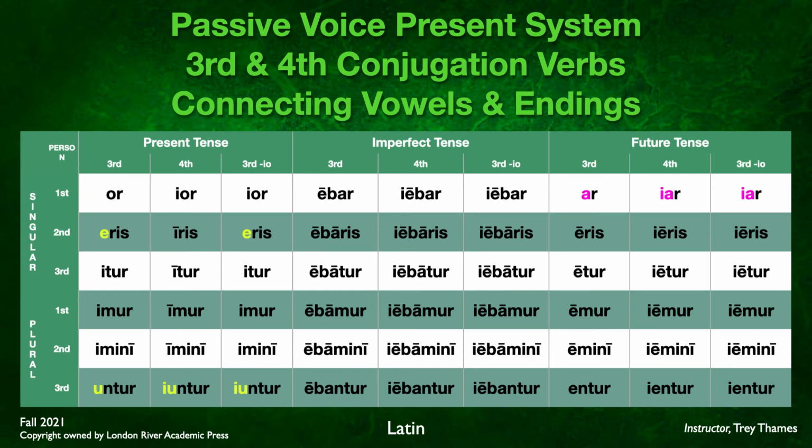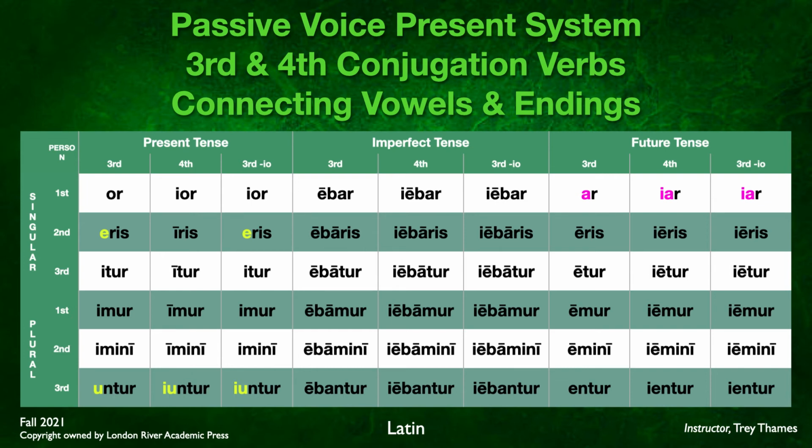You can see that third and third IO are just alike. Then you can see in third person singular, they're all itur, except the fourth conjugation has a long I. The first person plural, they're all imur, again, that long I in fourth conjugation, and then emini all the way across. And again, a long mark, macron, in second person plural for fourth conjugation.